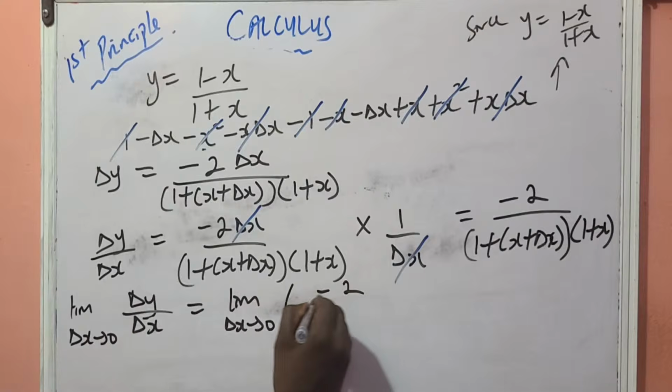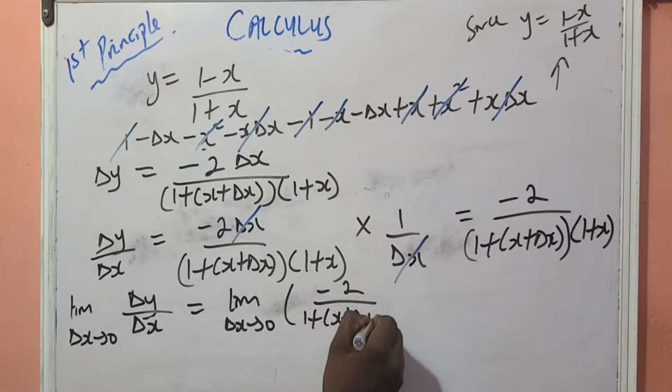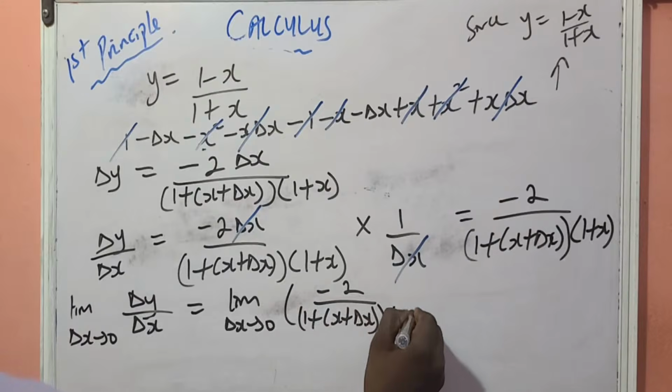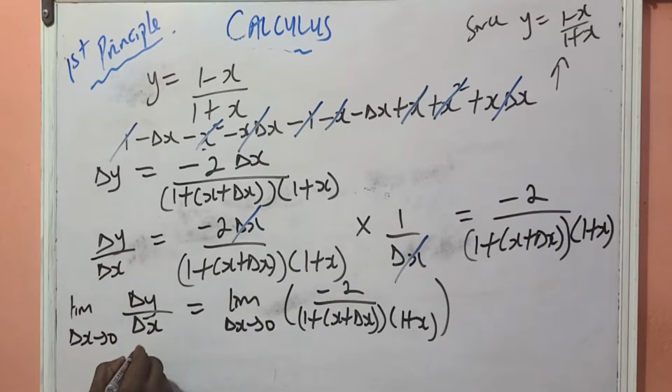So I have minus 2 over 1 plus x plus change in x, and then I have 1 plus x. All right. Now, this, I told you already, transforms to dy over dx. I told you that already.